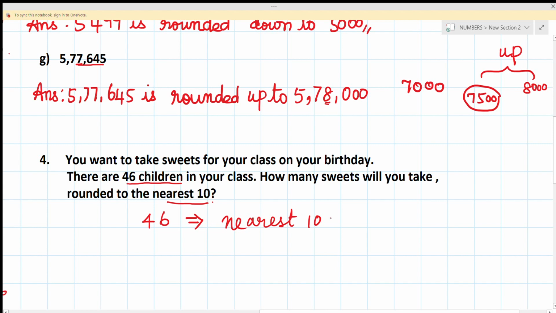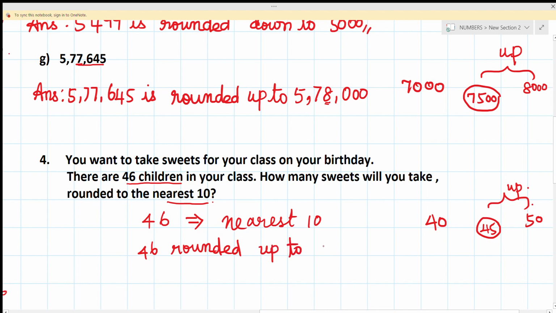We'll follow the steps to round up the number. 46 is the given number, and the nearest multiples of the given number are 40 and 50. And write the mid number, that is 45. So 46 lies after the mid number. So we are going to round up the given number to the nearest multiple. So here we have changed 46 is rounded up to 50.